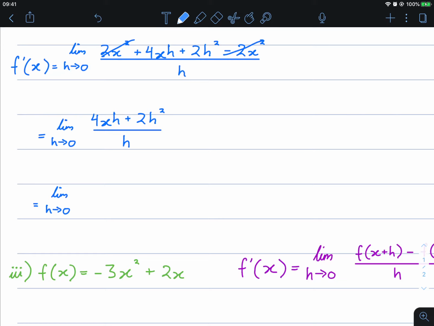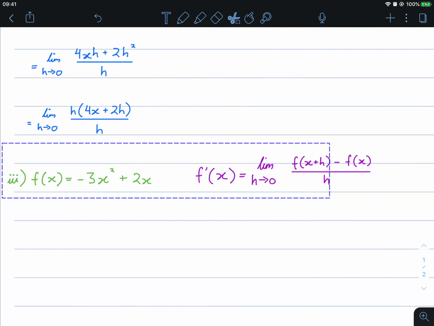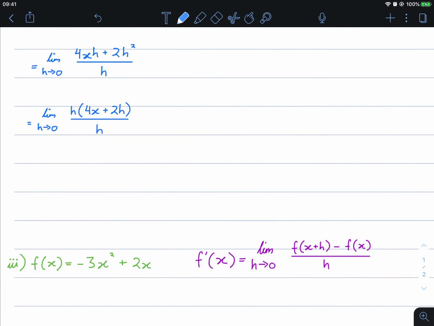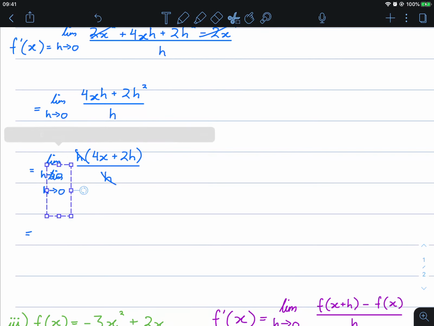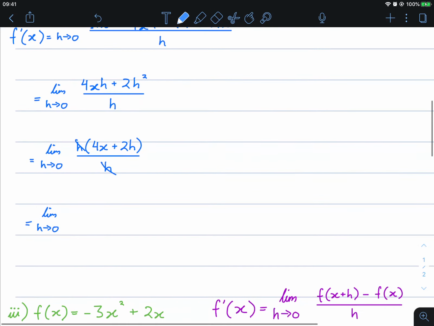So now we're going to factorize h out. So h on the outside, 4x plus 2h all over h. Once again, I need some more space. H's cancel, leaving us with the limit as h approaches 0 of 4x plus 2h.